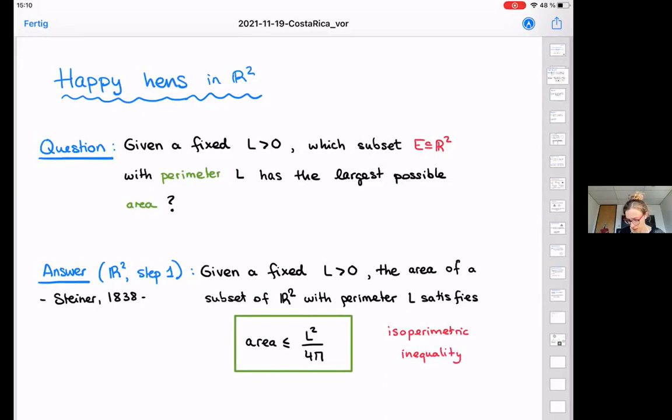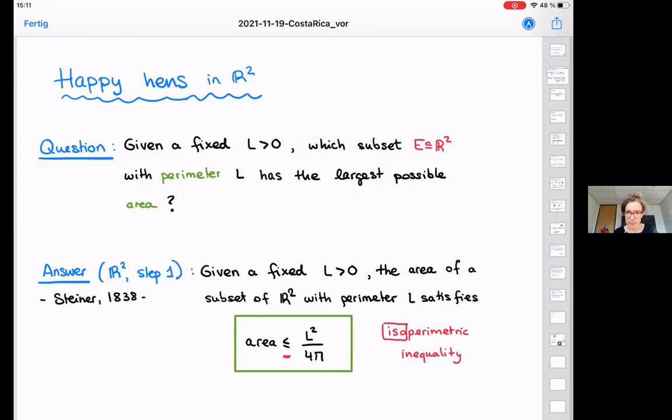And okay, maybe talking a little about language. Why is this called isoperimetric inequality? Well, of course, it is an inequality. This is why it is called an inequality. But then, why is it called isoperimetric? Well, this word comes from Greek. So we have this iso and then the perimetric.